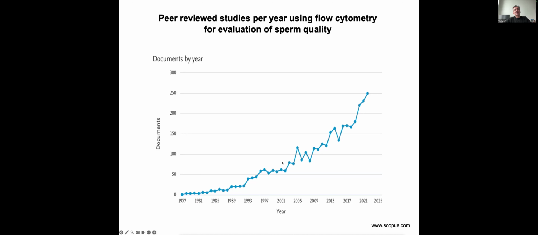You see here about 50 papers per year in 2000, and now we have 250 papers if we look at Scopus for the number of publications using this system.